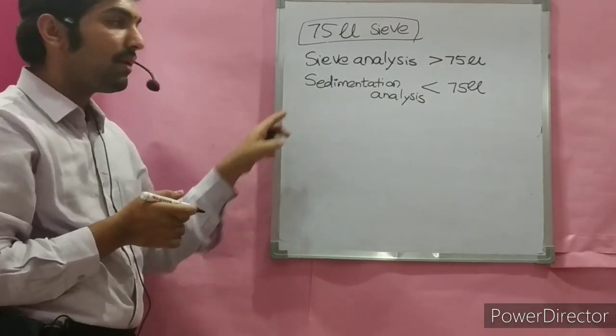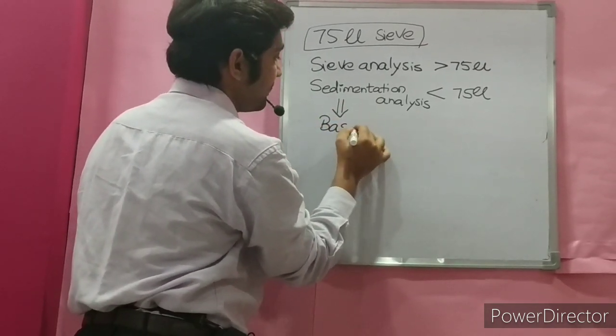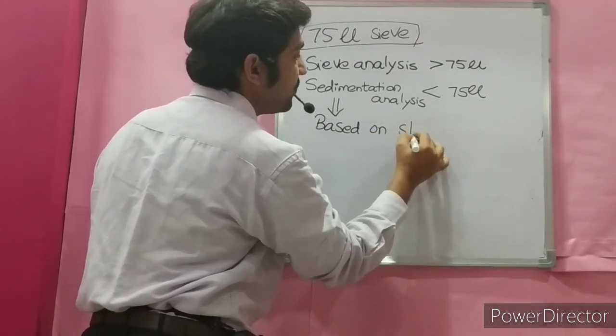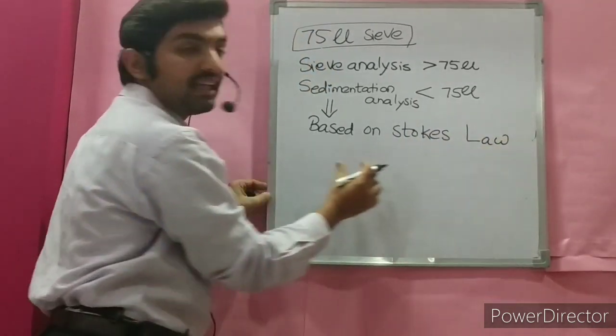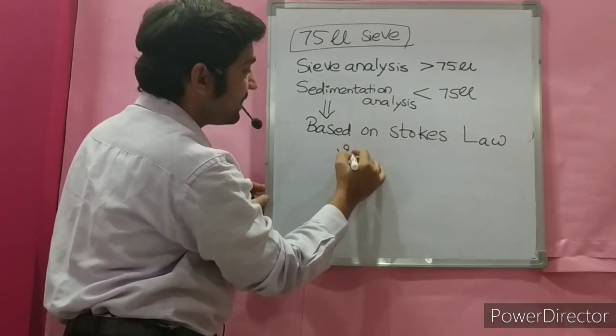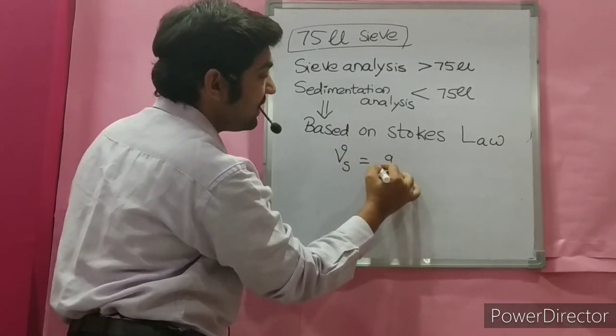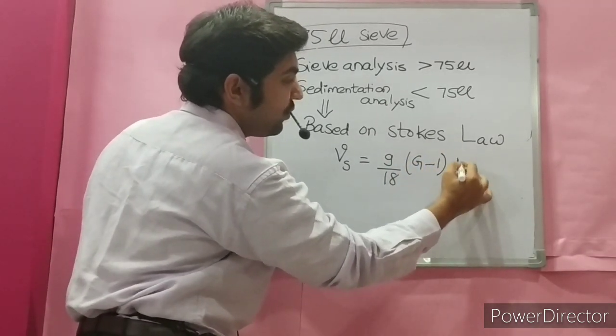How do you do the sedimentation analysis? Based on Stokes law. We will study settling velocity in environmental engineering. Stokes law: settling velocity Vs equals g by 18 into (specific gravity minus 1) into d square by mu.